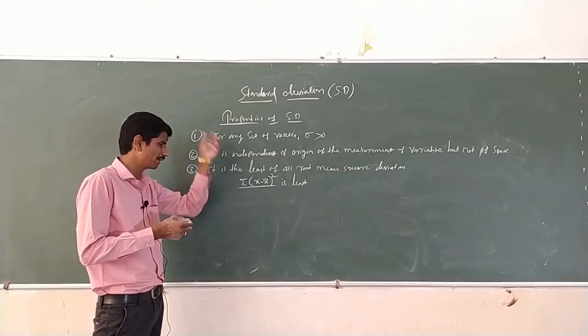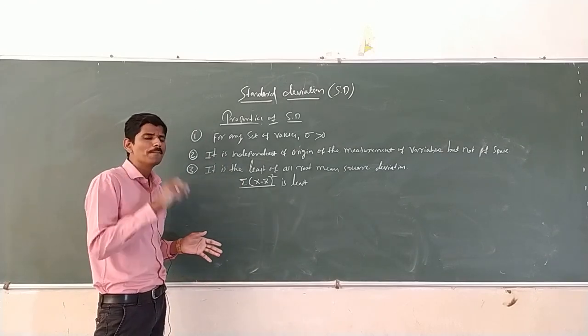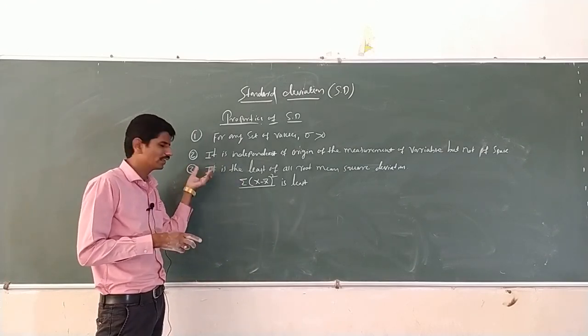The sum of (x minus x bar) whole square is always least; the value should be minimum. This is the third property.